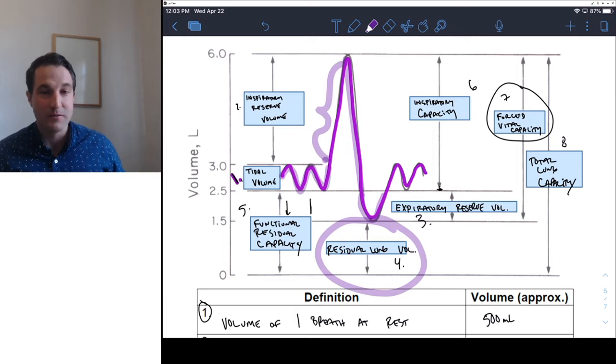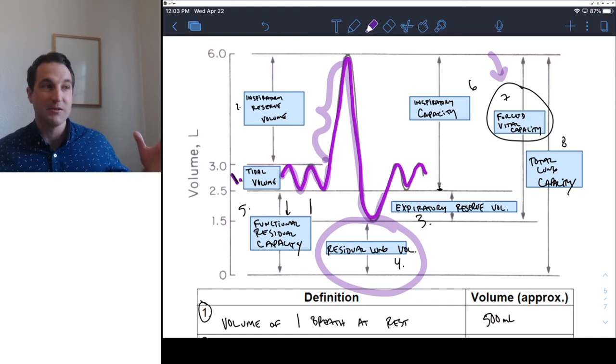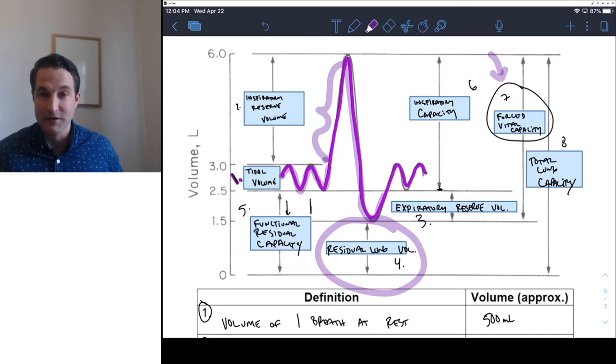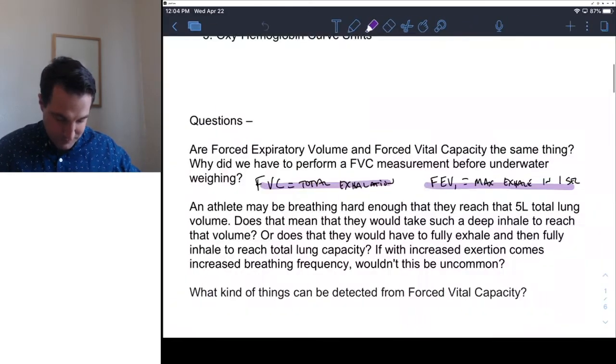Well, there are some algorithms out there that allow us to calculate or estimate your residual lung volume by looking at your forced vital capacity. So the reason that you did a forced vital capacity before you did the underwater weighing is because we wanted to be able to estimate your residual lung volume. Really, really cool question. Okay, let's move on.